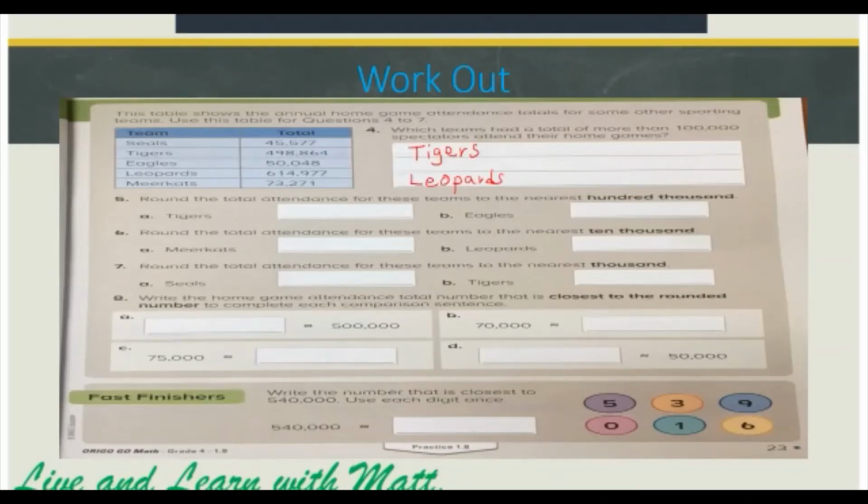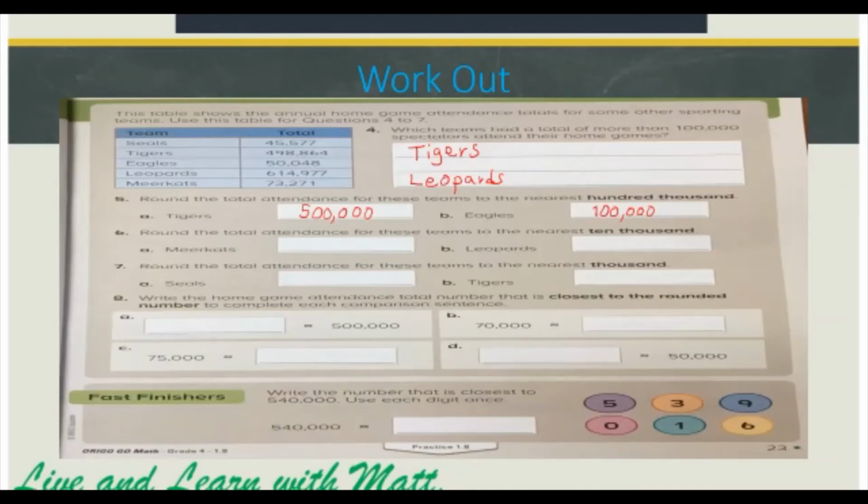We have the Tigers and the Leopards. Now, number 5, round the total attendance for these teams to the nearest 100,000. So for the Tigers, we have 500,000, and for the Eagles, we have 100,000.